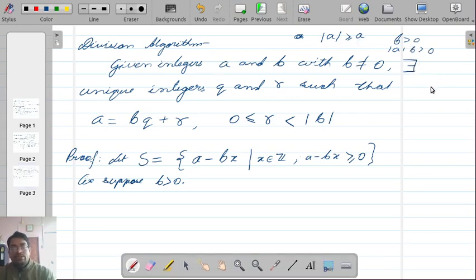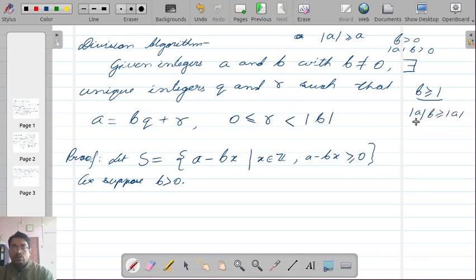Also b is given to be an integer, so not only is b greater than 0, since it is an integer the next value after 0 is 1, so b is actually greater than or equal to 1. If we multiply this inequality on both sides by mod a, then mod a into b is greater than or equal to mod a.